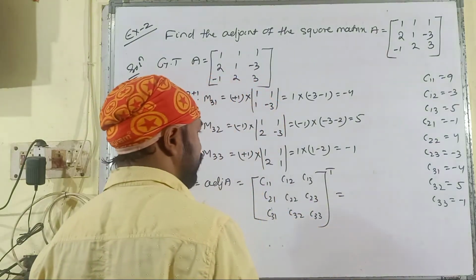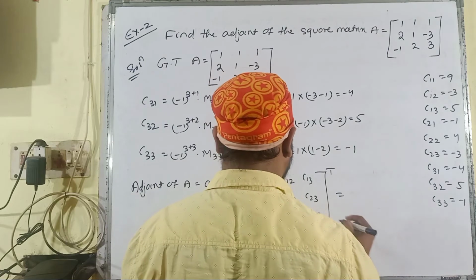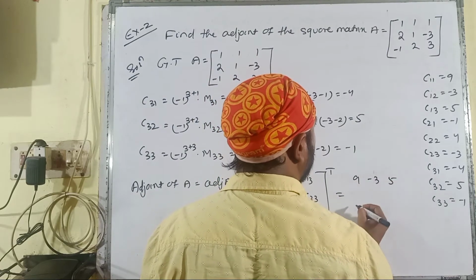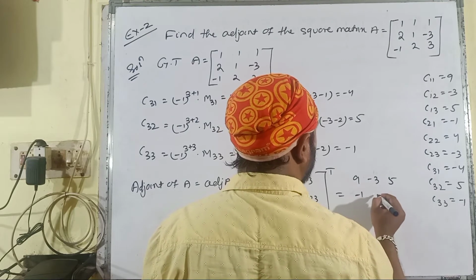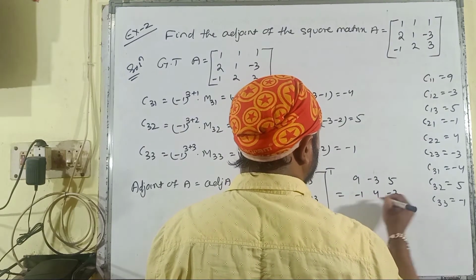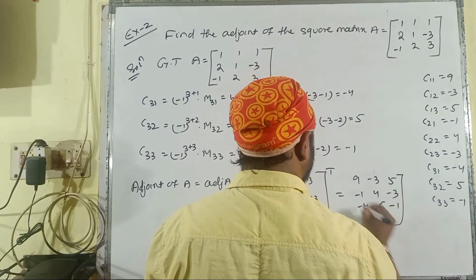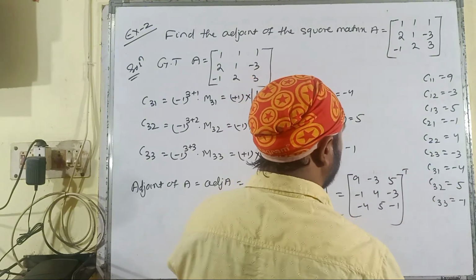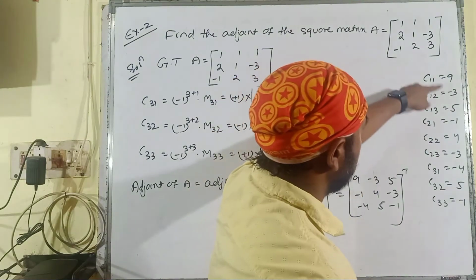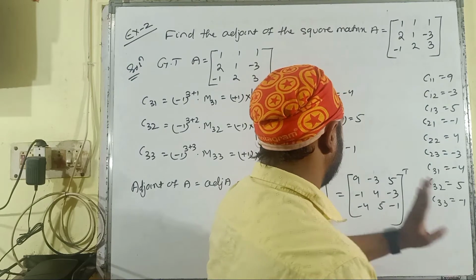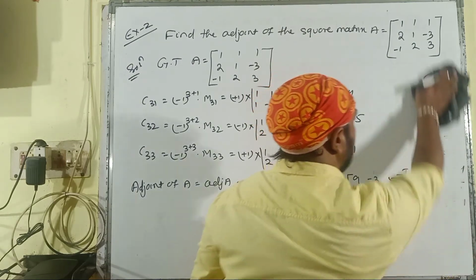Then by putting the values here, we have 9, minus 3, 5, minus 1, 4, minus 3, then minus 4, 5, minus 1, and its transpose.